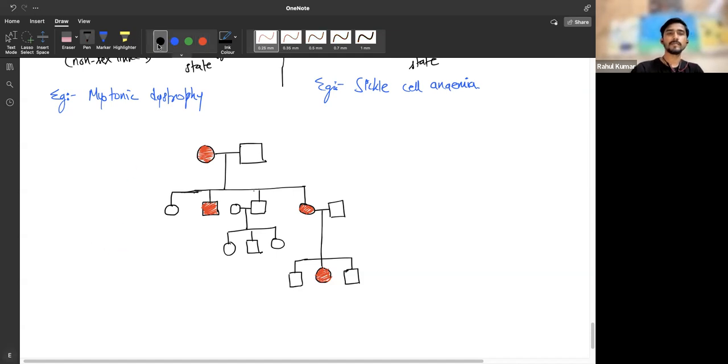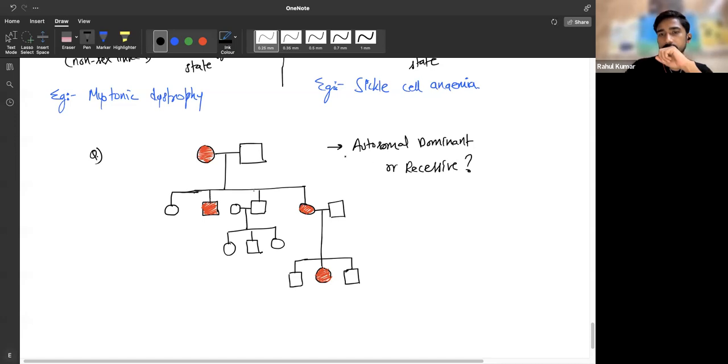You have to tell me, you can number or use alphabets, the analysis for this pedigree, and also tell me whether it denotes an autosomal recessive or autosomal dominant condition. You have to give me the reason why you think so. Okay, everyone. Recessive is the first question.